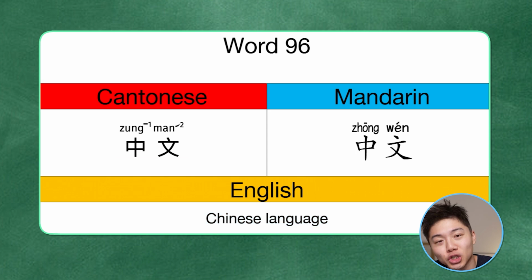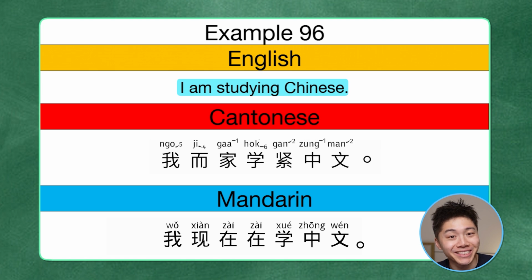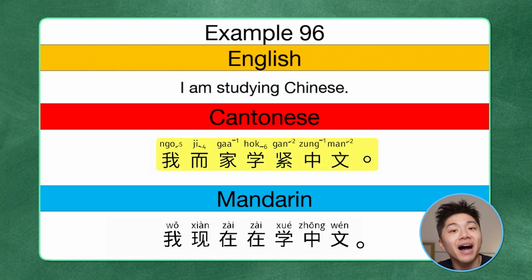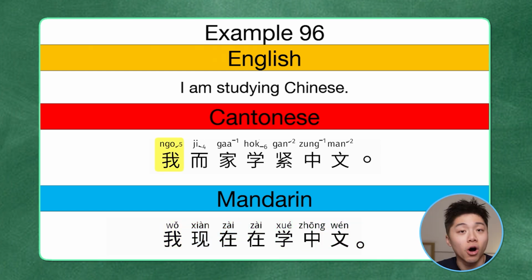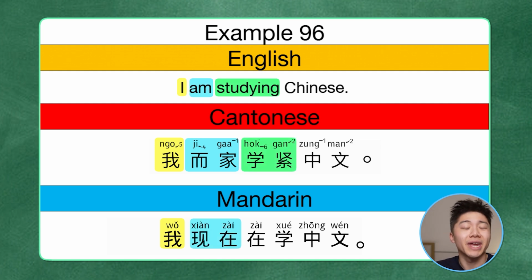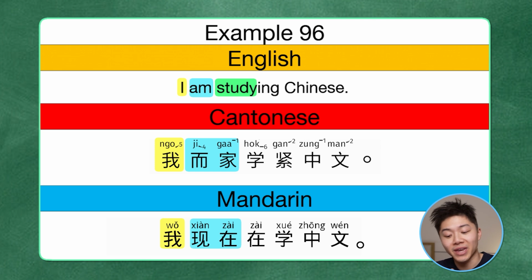Next, this Chinese language, 中文. In Mandarin, 中文. I am studying Chinese. In Cantonese, 我而家學緊中文. In Mandarin, 我現在在學中文. 我 is I. 而家 means right now, in Mandarin 現在. 學緊 basically means learning: 學 is learn, and then 緊 is ing.